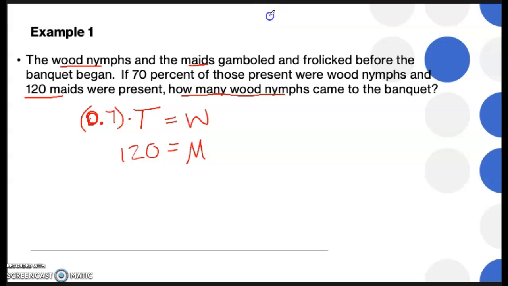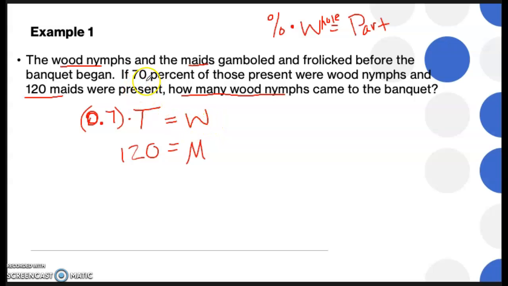Remember the general equation, the percent of the whole equals the part. The percent of the whole, and this W is not wood nymphs, it's whole, equals the part. Well, I know the percent of the whole banquet, T, equals the part wood nymphs.